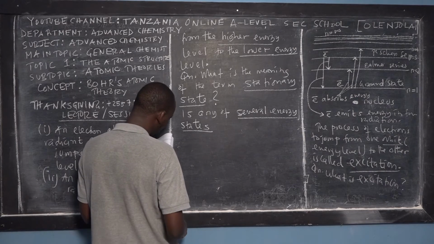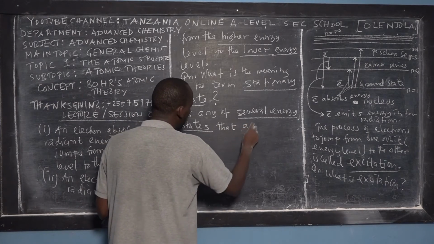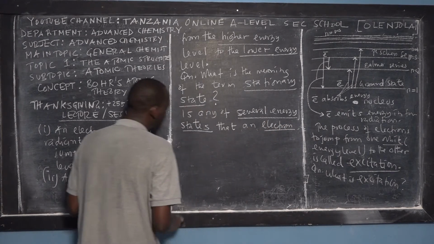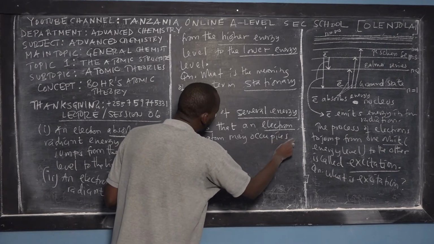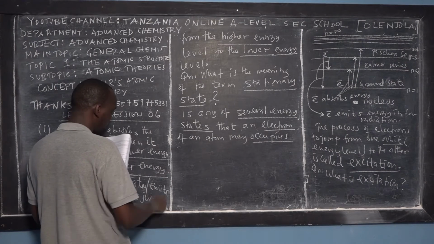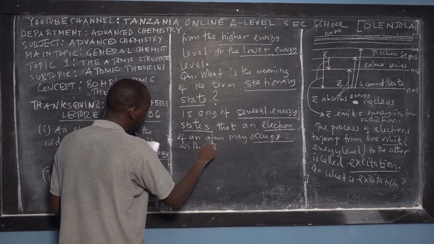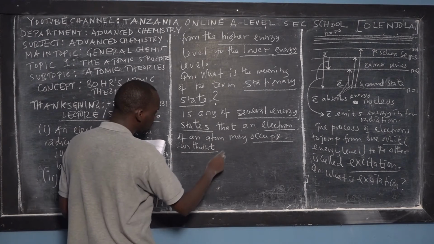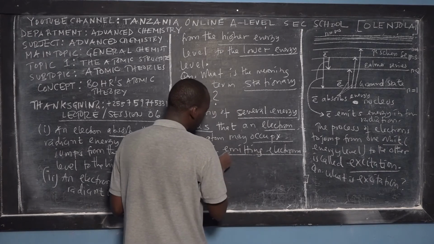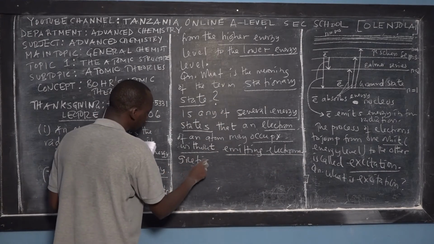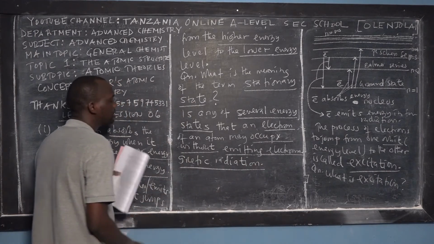any, whether it is a lower energy state or several energy states, an atom may occupy without emitting electromagnetic radiation. That is, an electron of an atom may occupy without emitting electromagnetic radiation.